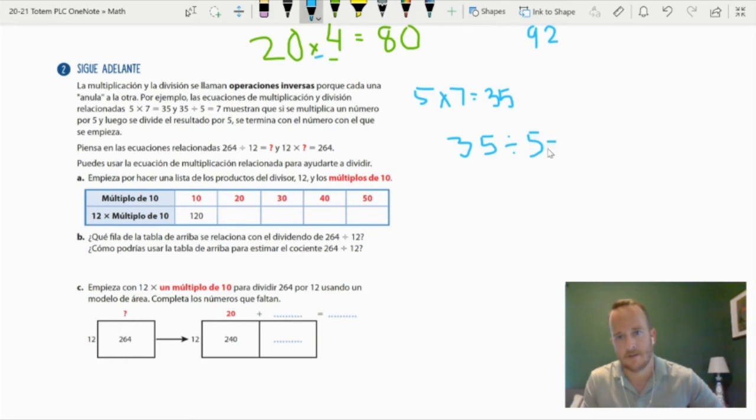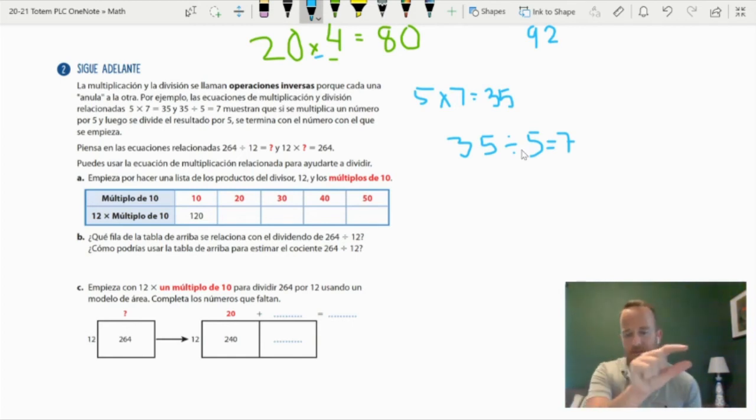Es igual a 7, ¿ok? Son operaciones inversas. Están diciendo que con esos mismos 3 números podemos hacer una multiplicación y una división. Entonces, si tú te sientes más cómodo haciendo multiplicaciones, ya tenemos una manera de averiguar unas ecuaciones de división usando multiplicación, ¿ok?